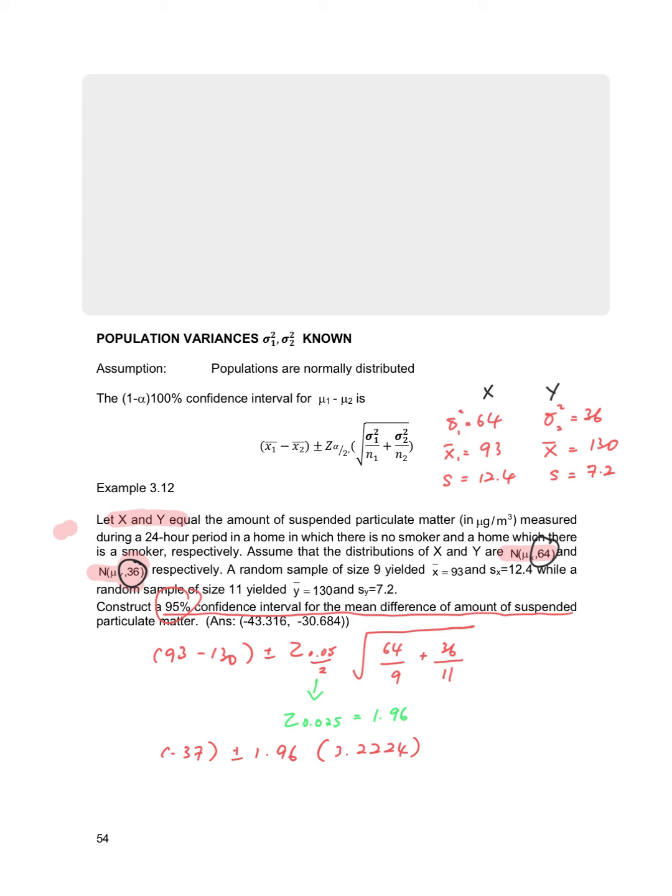Okay, finally the answer is, so finally we get the answer is negative 43.316, and the upper limit is negative 30.684.